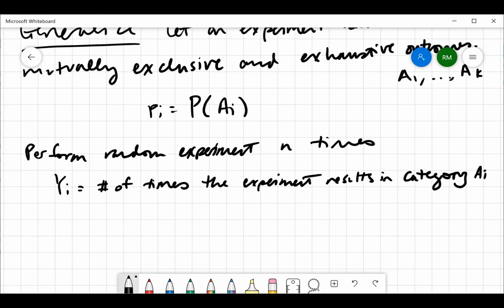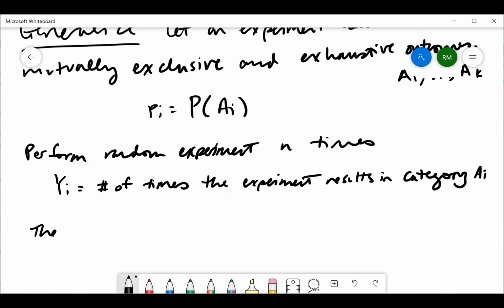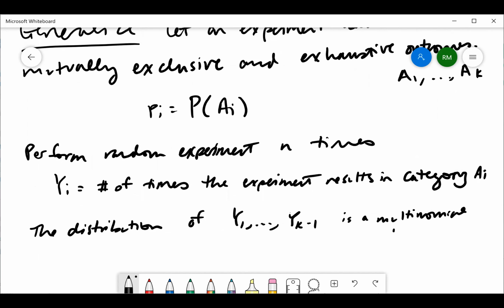So the distribution of Y1 through Yk minus 1 is what we call a multinomial distribution. It's the natural generalization of the binomial.